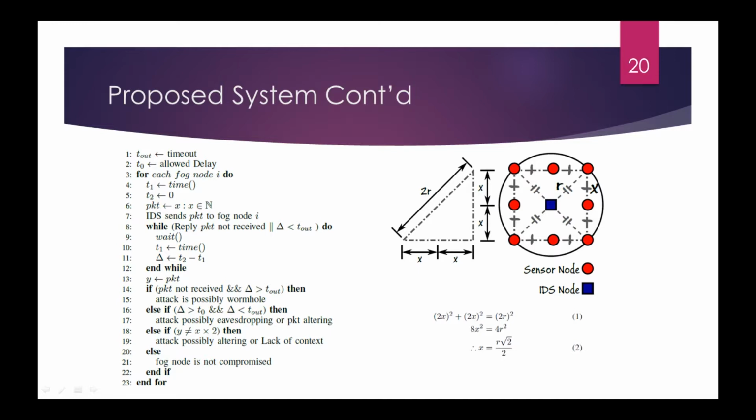Maybe the packet has gone somewhere. If our round trip time is greater than the allowed time, but it hasn't reached timeout, then we have received a packet, but there is a high chance that it has been altered.